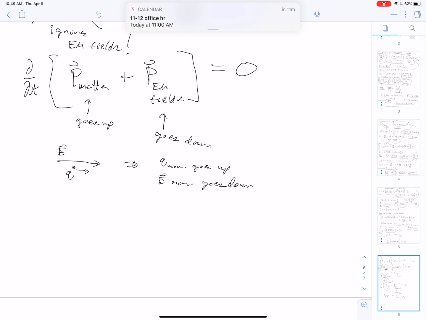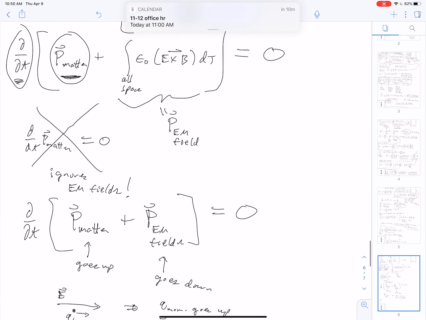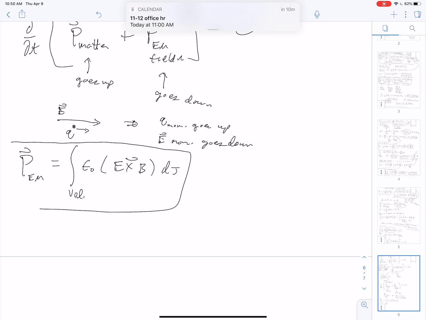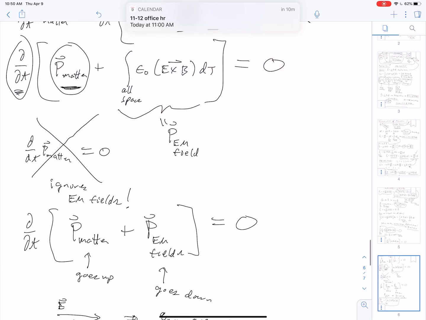So there's a conservation there, and the electromagnetic momentum can be written as an integral over volume of epsilon naught E cross B d tau. And that's the big result here.